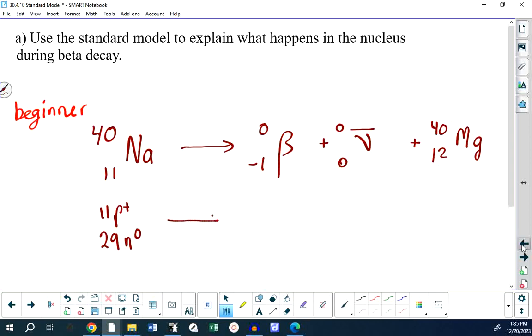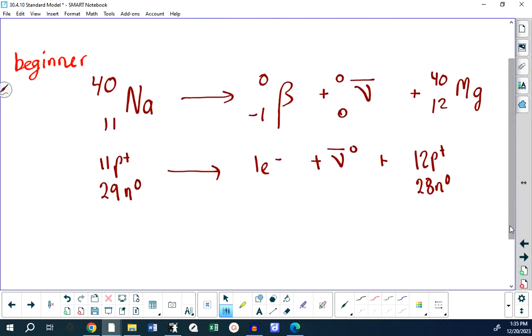And we get over here, so I'm switching now just temporarily to the traditional notation of things, where I don't have the two numbers, I just have the charge. We get an electron. You could use a beta particle here for the symbol. You get an antineutrino, and you get 12 protons and 28 neutrons. Are you with me on that?